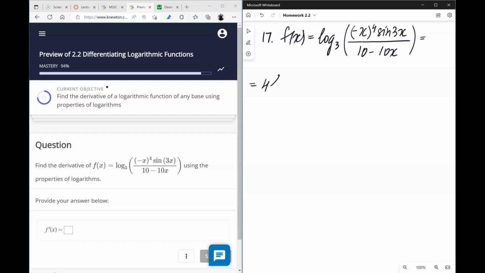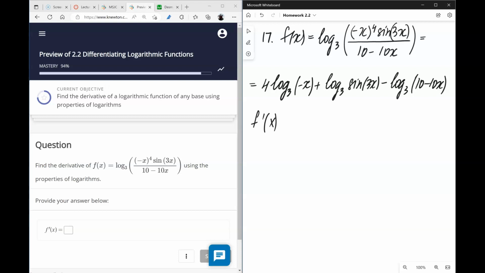So we have 4 log base 3 of negative x plus log base 3 of sine of 3x minus log base 3 of 10 minus 10x. And the derivative of this is just negative x ln 3.